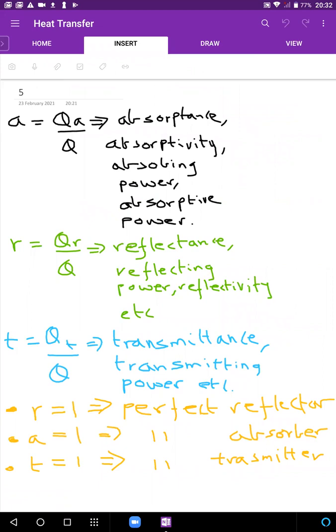And absorbing has something to do with something that's black. Something which is black is perfectly absorbing. Because if you remember, we said a blue object looks blue because it is absorbing most of the frequencies and reflecting blue frequencies.